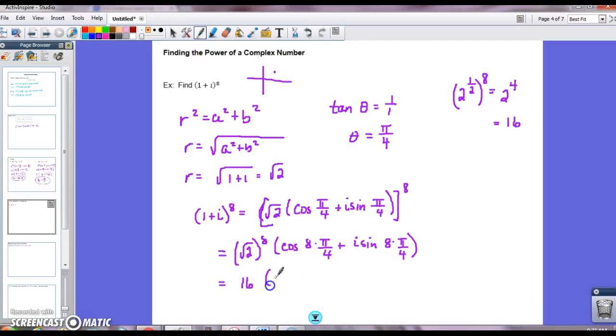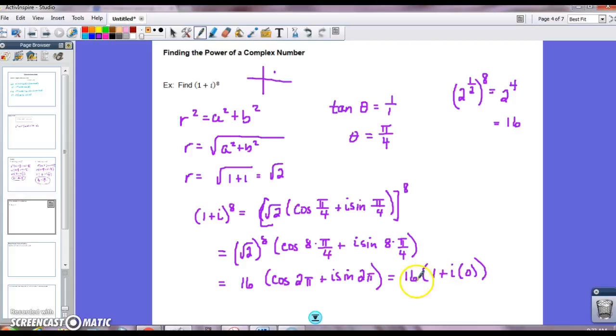And then I have the cosine of 2 pi plus i sine of 2 pi. And the cosine of 2 pi is 1. The sine of 2 pi is 0.